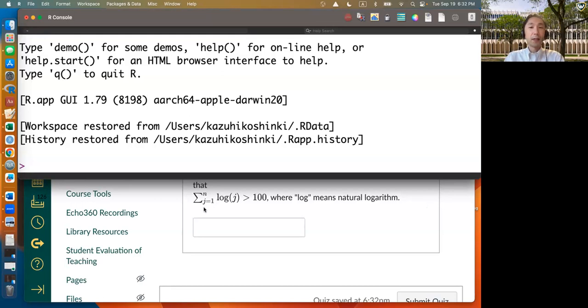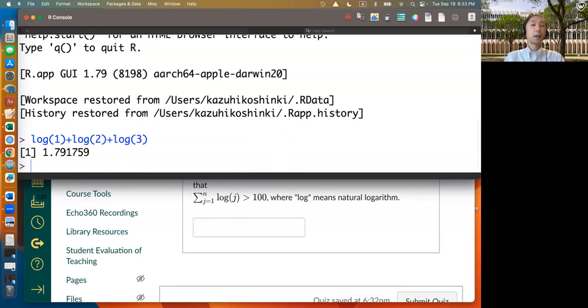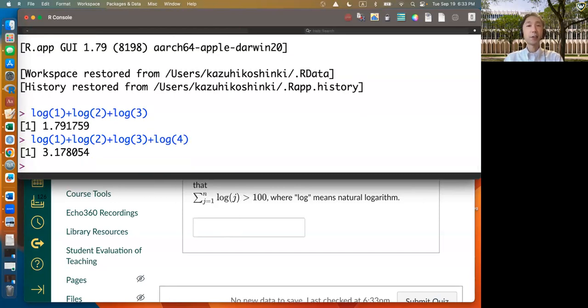Okay, so at first, interpret this equation. This is the first step to solve the question. So summation of j equal to 1 to n of log of j. That is like the log of 1 plus log of 2 plus log of 3, right? And actually, this is 1.79, so it's not larger than 100. But if you add this more and more, then it gets larger and larger.